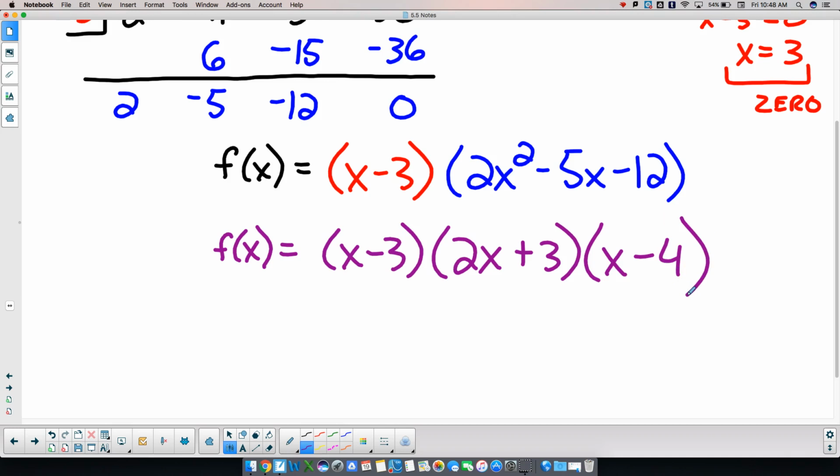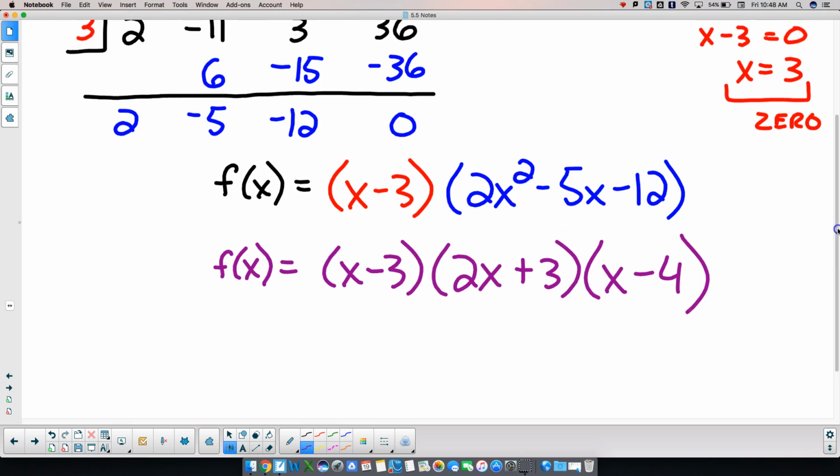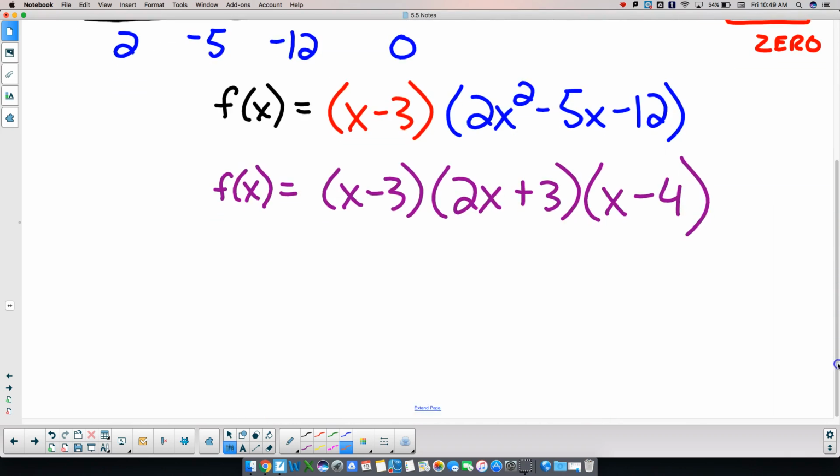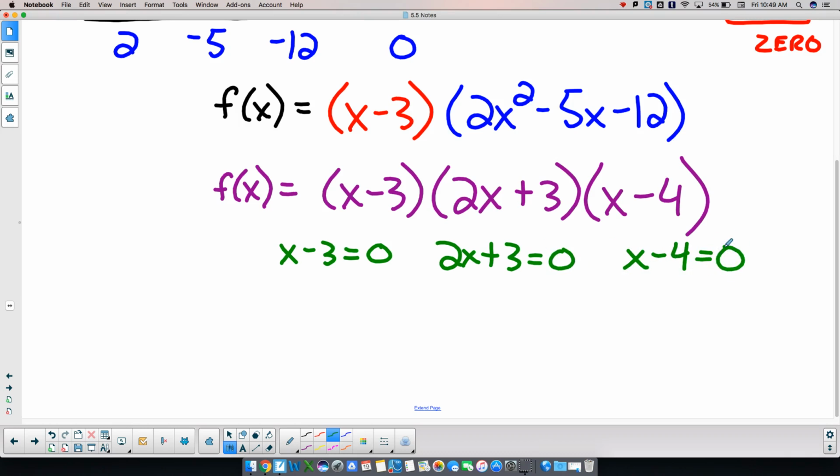That was factored completely. But now, this problem is asking us to find all the zeros. So we have to go another step further, and we have to say x minus 3 equals 0, 2x plus 3 equals 0, and x minus 4 equals 0.